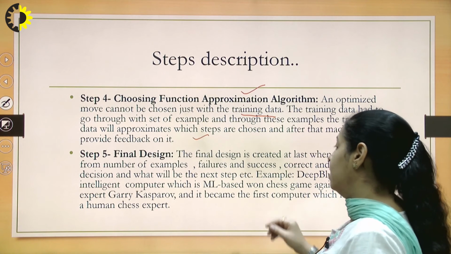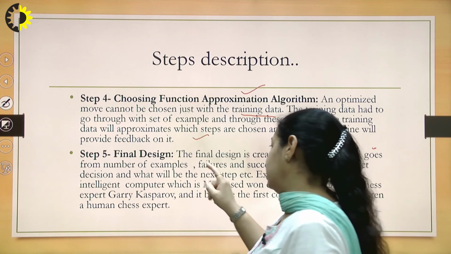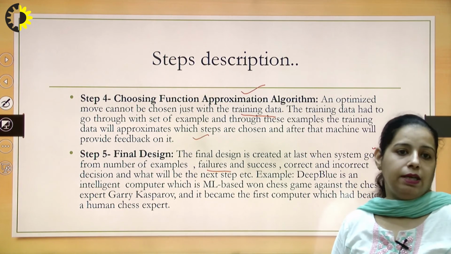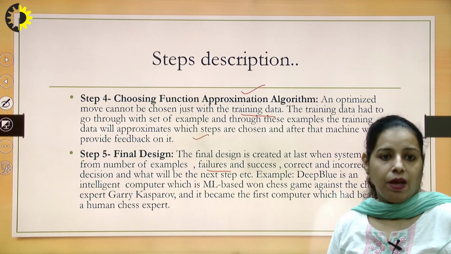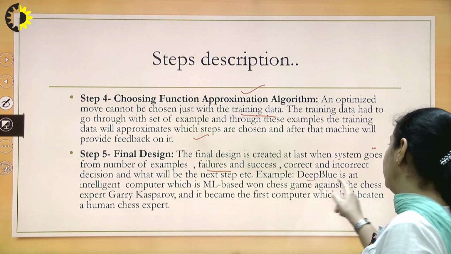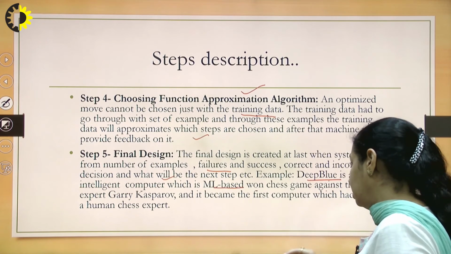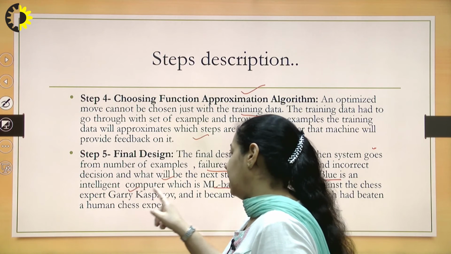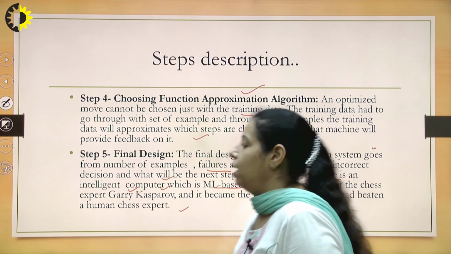And now the final design is created at last when the system goes through a number of examples, like what failures it has had, what successes it has gone through, and whether its decisions are correct or incorrect. Like if we take the example of Deep Blue, it is an intelligent, machine learning based computer, and it won a chess game against a chess player known as Garry Kasparov, and it became the first computer to beat a human being.